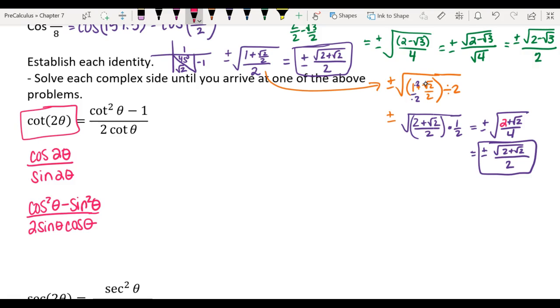Oh, I see it. Cosine squared of theta minus sine squared of theta equal cotangent squared theta minus 1. Isn't that true? I'm not sure, but I see now how they get the answer. Are you guys ready for this? Sure. Okay. What they do is they divide all parts by sine squared of theta.